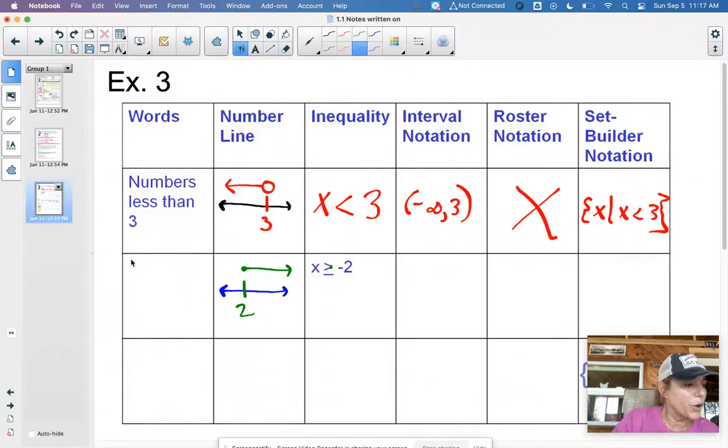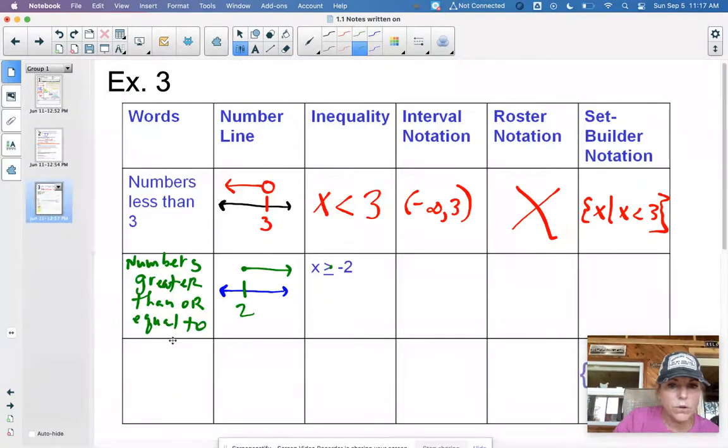So that in words means numbers greater than or equal to, oopsie, negative 2. Forgot the negative, sorry about that. Negative 2.